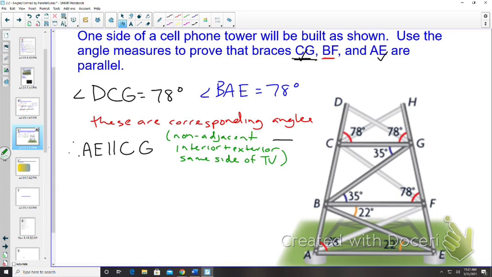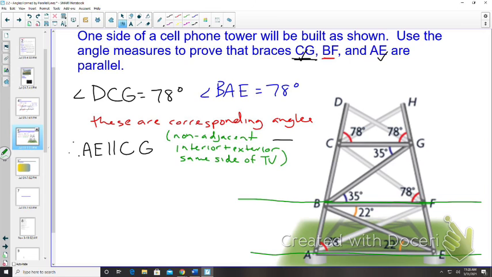So B and F, and what do you want to prove this to? A and E or C and G? Because we've already said that C and G and A and E are parallel. A and E? Okay, sure. Okay, so where is our transversal then?